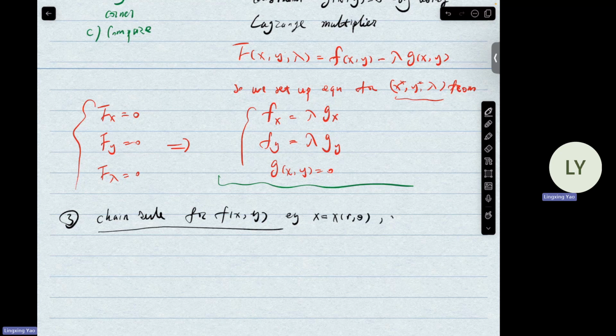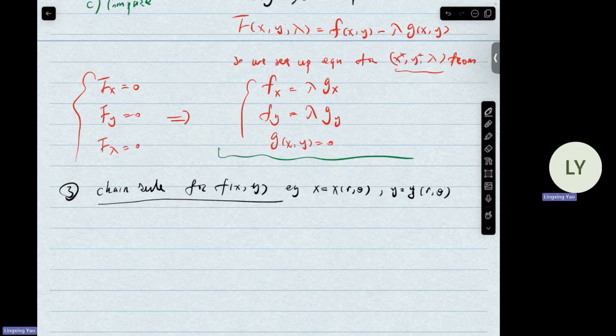For example, we're thinking about polar coordinates. Both x and y are functions of r and theta. For example, x equals r times cosine theta, y equals r times sine theta.